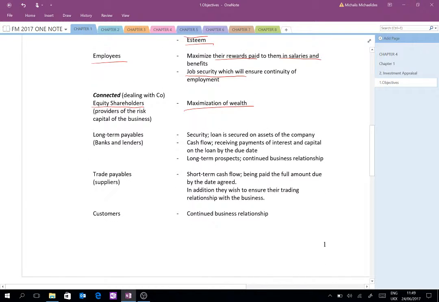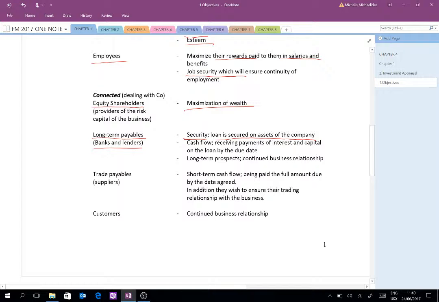Another stakeholder are the banks and lenders. So these are the long-term payables. Now, they offer funding to our business, so they will require our business to provide them with security. That means these loans will be secured on assets of our company.